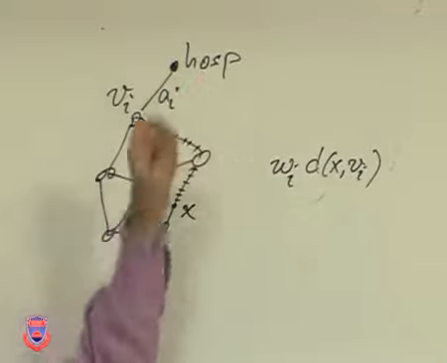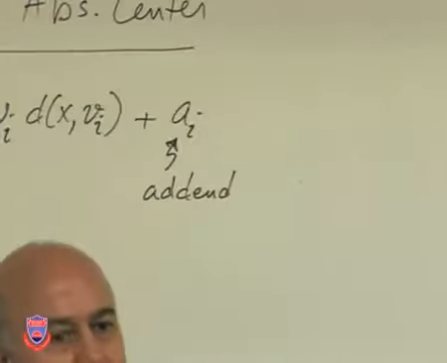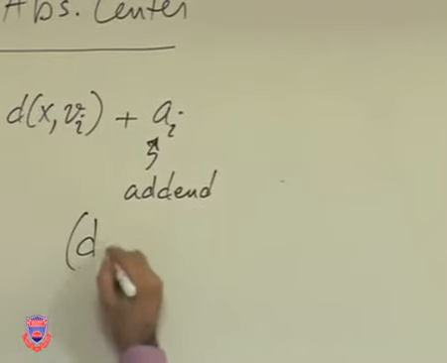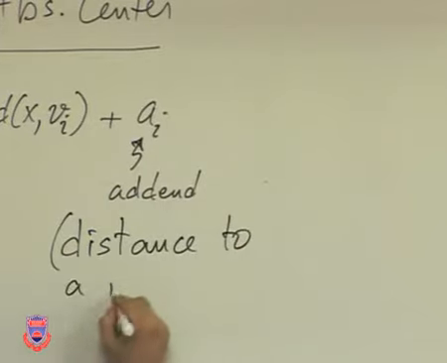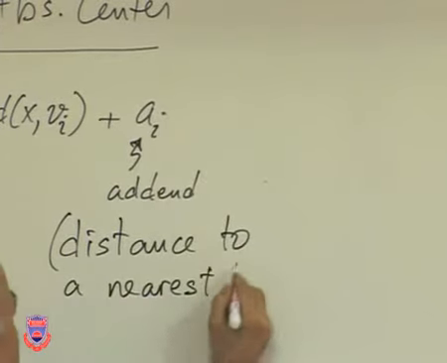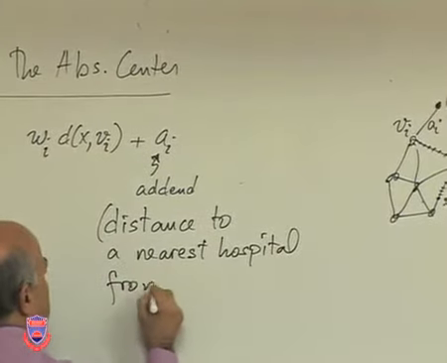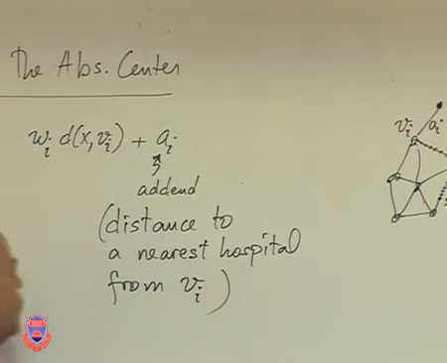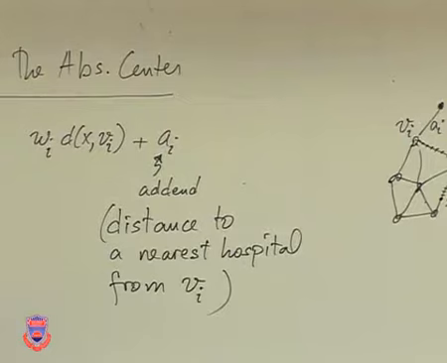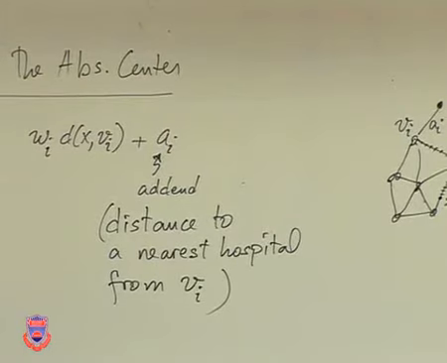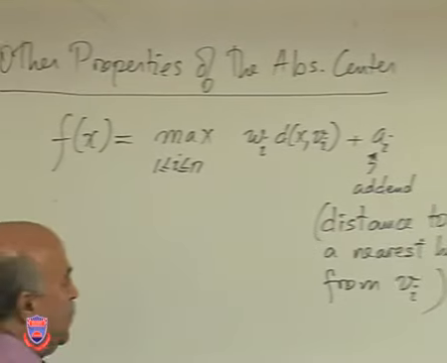Then you have to take your guy to the nearest hospital. So that ai is the distance to a nearest hospital in this interpretation. Of course, these ai can be computed a priori by pre-processing the data. Just assume you're at vertex vi and compute the distance to a closest hospital.